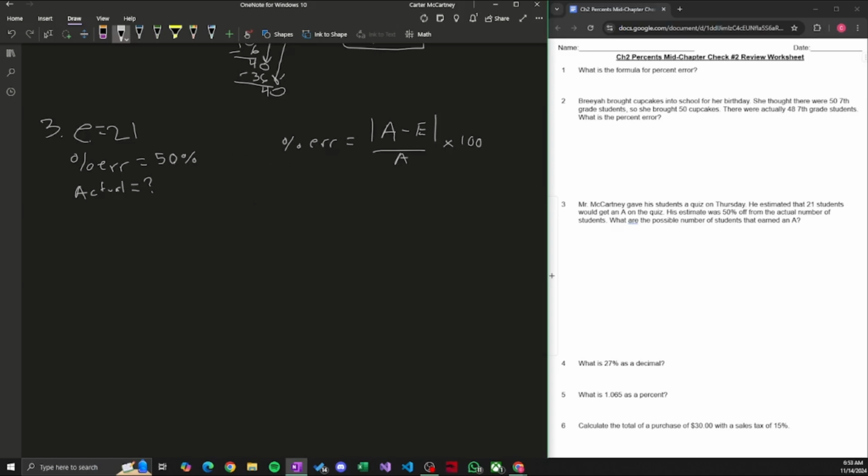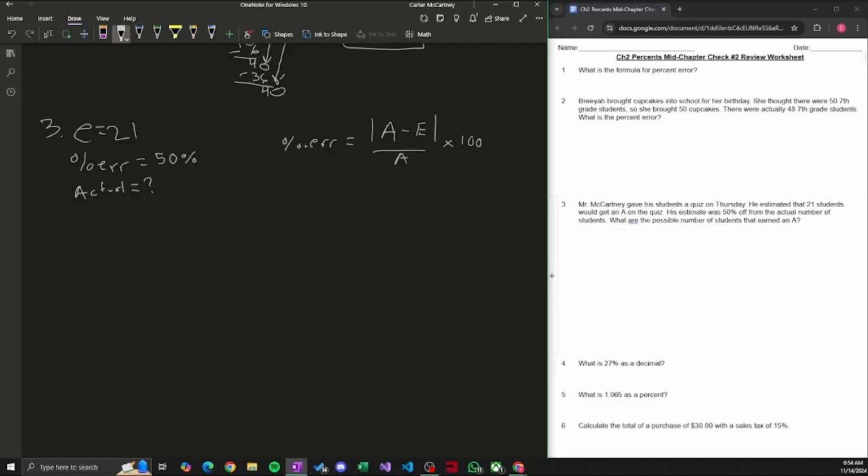We want to write this as a percent, because this is the percent error. So we're going to keep this as a percent here. If this was just the percent value in a normal equation, like the percent equation, we would need to make it a decimal. But this actually is the percent error, and we are going to multiply by 100.